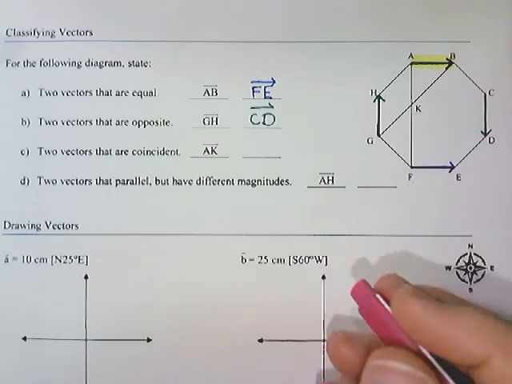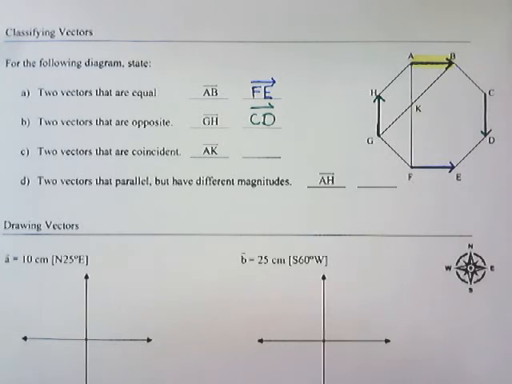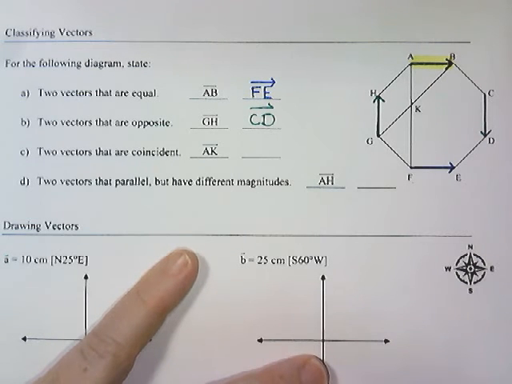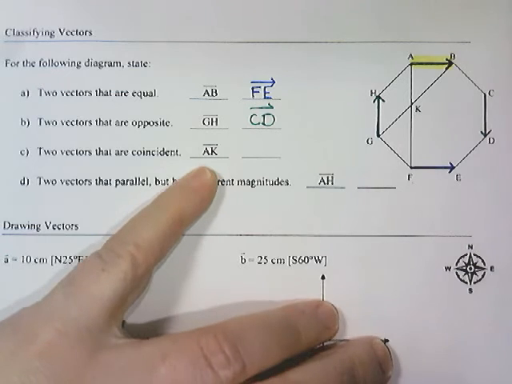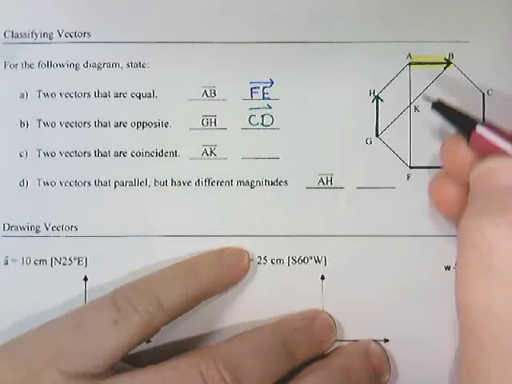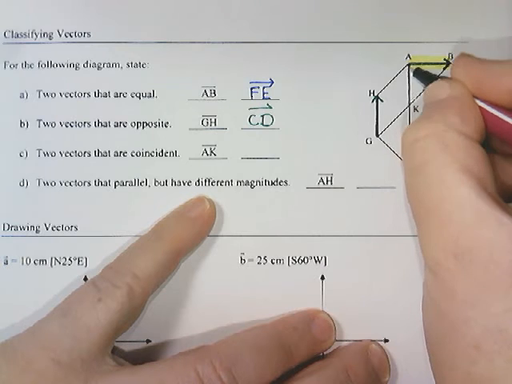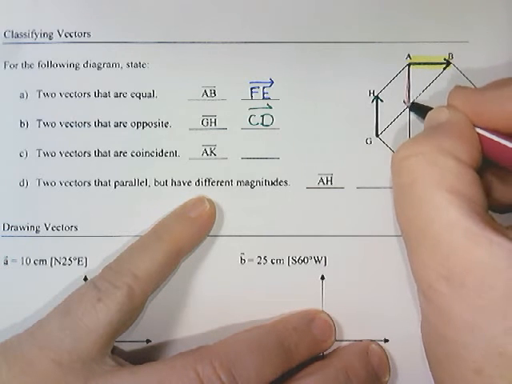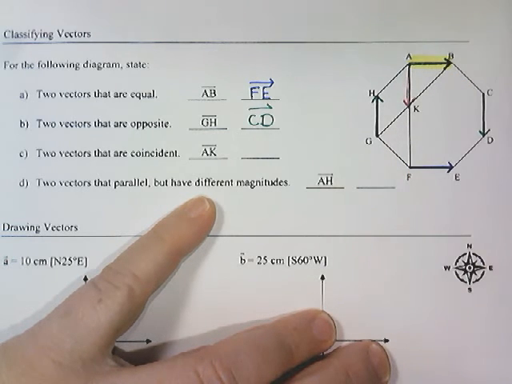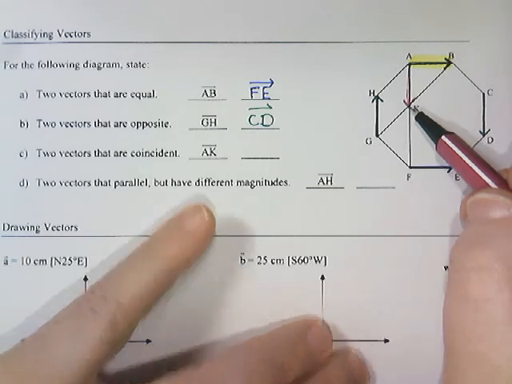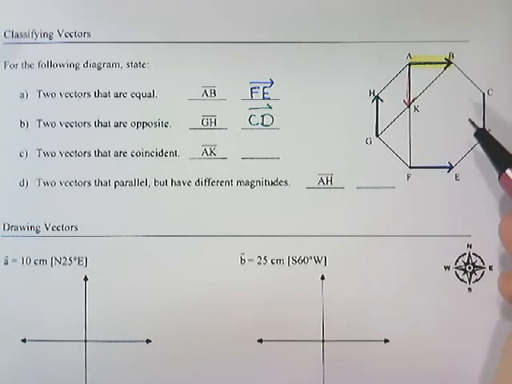Okay, up next, we are looking for two vectors that are coincident. So coincident vectors are ones that are on top of each other. So we are starting with AK. So here's A, here's K. So AK is that vector there. So I'm looking for something that would be coincident.